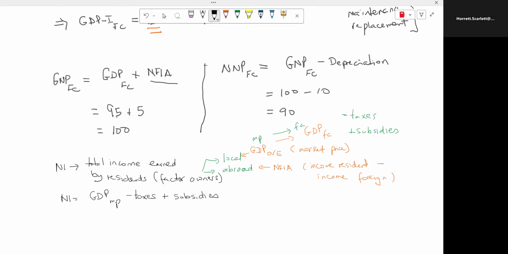But this only accounts for a part of the equation. In other words, this is GDP at factor cost. But we also need to account for the persons who are abroad. What's their contribution? So therefore, we want to find the net factor income from abroad.